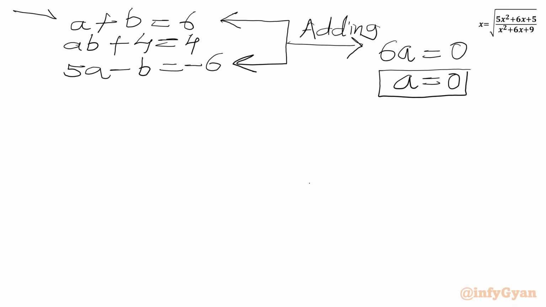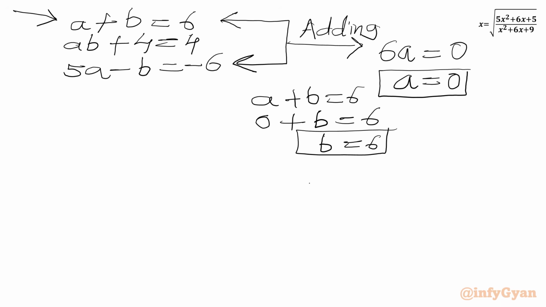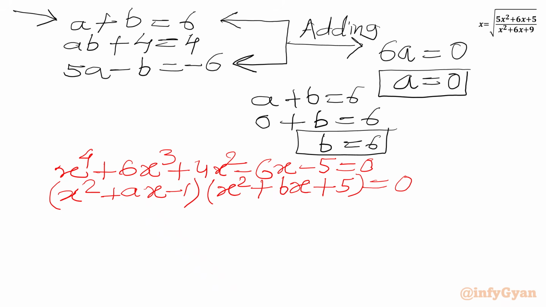Now we will use our first equation. So I can write a plus b equal to 6. A is 0, plus b equal to 6. So b will be equal to 6. Now we will write our quartic equation after plugging the values of a and b. Here a is 0 and b is 6.